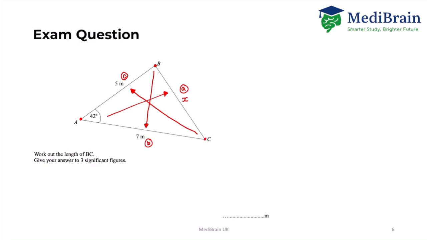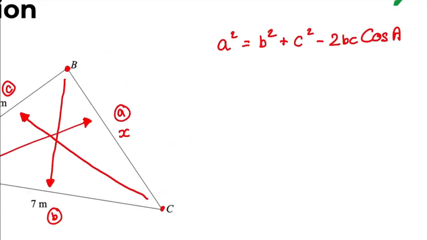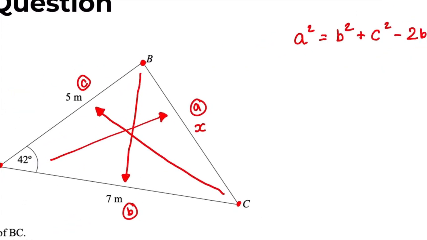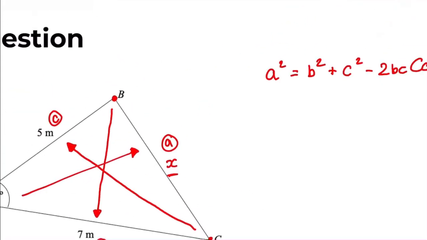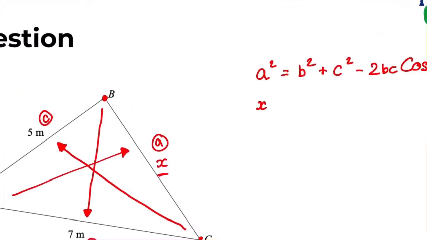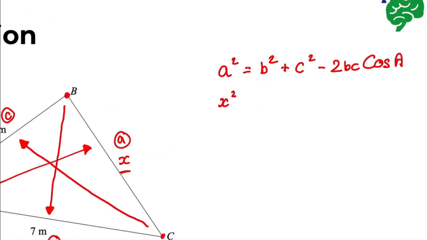So what we're going to have is our formula. We're calculating the length of a side, so it's going to be a squared equals b squared plus c squared minus 2bc cos A. Now what's lowercase a? Lowercase a is x, so instead of a, we're going to write an x. x squared.